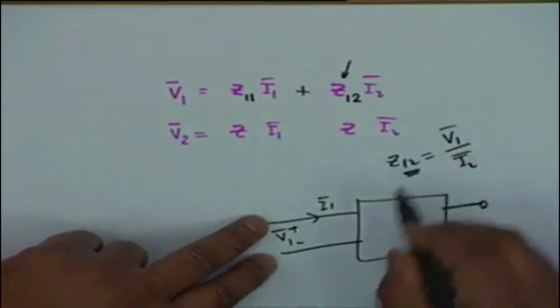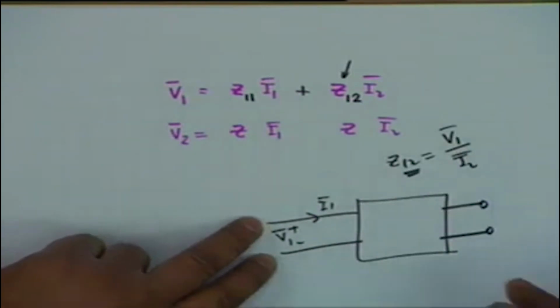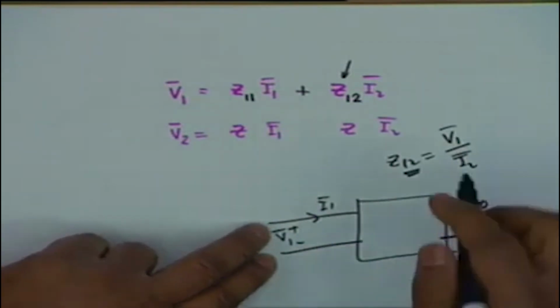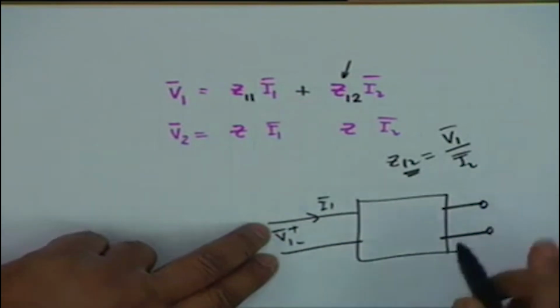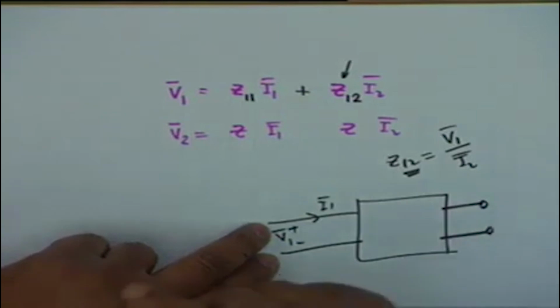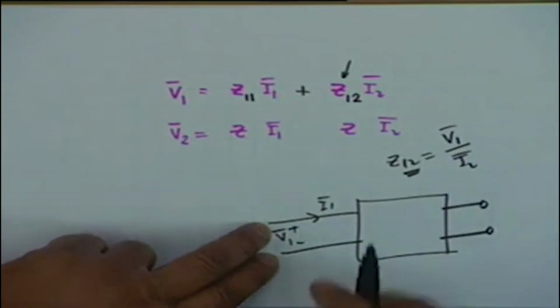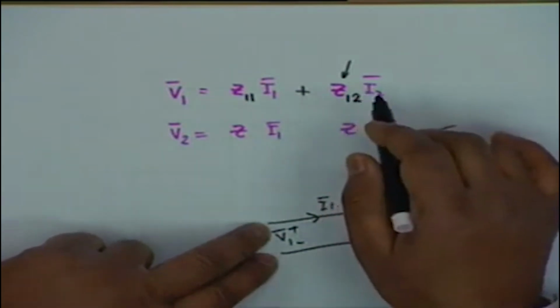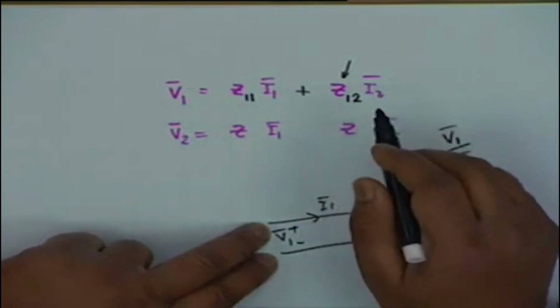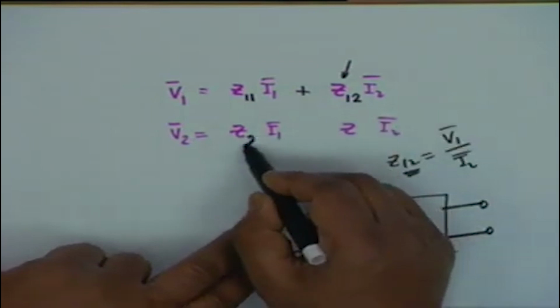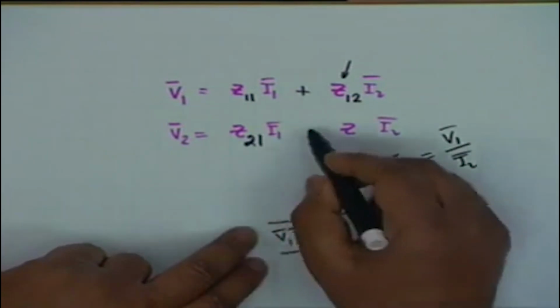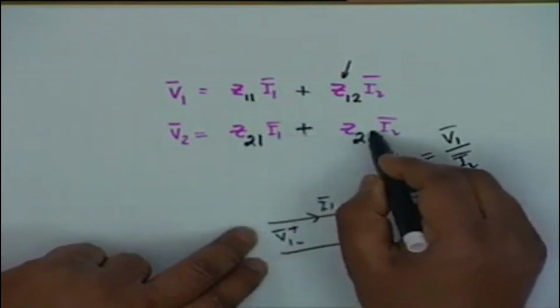And we call this Z12, that is from response at port 1 and excitation at port 2. If I had used a different nomenclature earlier, go ahead and change it. All right. This is the IEEE accepted terminology, universal terminology. Similarly, this impedance we shall call Z21 and this impedance we shall call Z22.